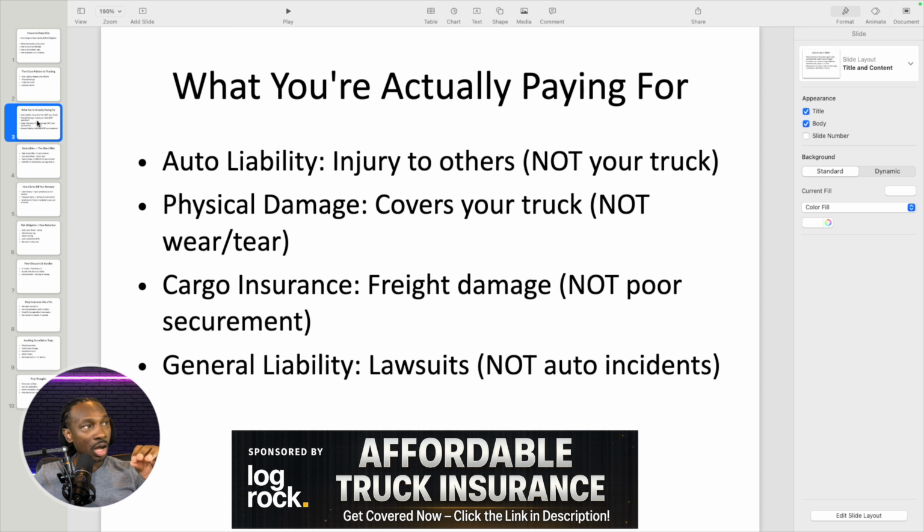All right. So the auto liability part of the auto part is going to be the injury and the coverage if you get into an accident for somebody else's equipment. So if, let's say, you're at fault and you hit someone, then the auto liability part is going to cover it, similar to what you have for your personal car. Same thing with injury. The physical damage is what covers your truck, right?